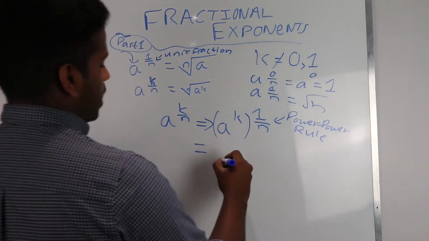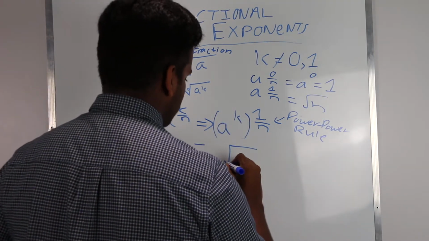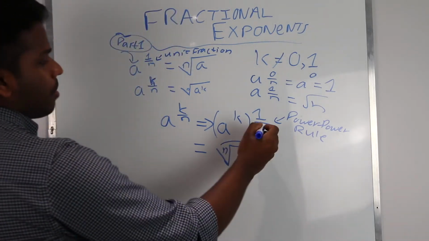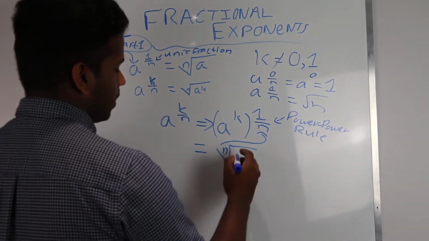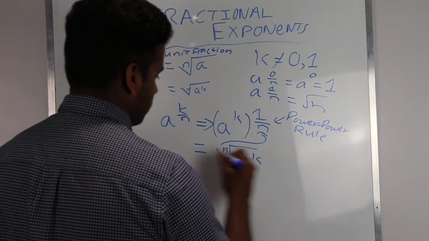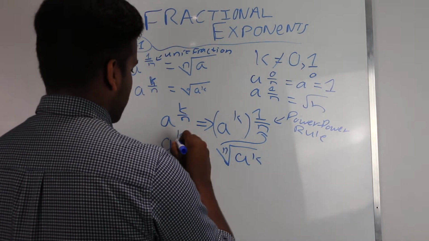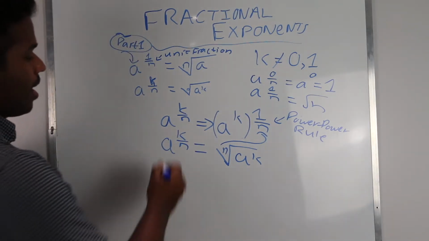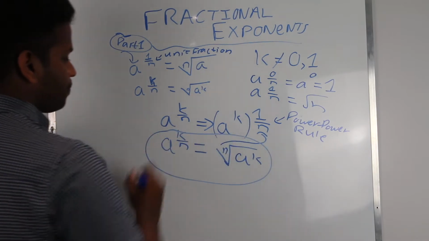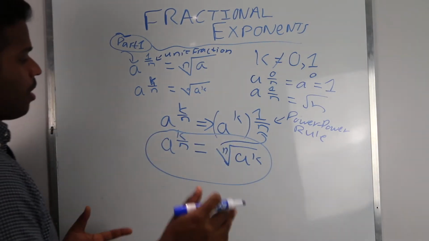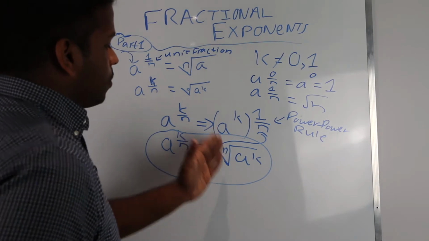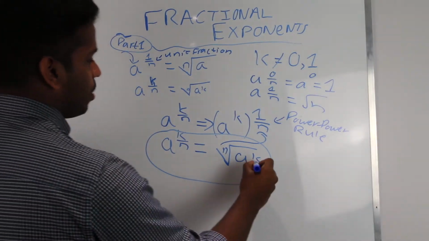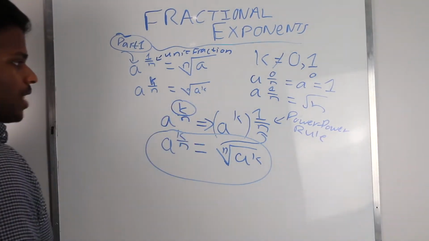When we have a unit fraction, we take the nth root, where n is the denominator of the unit fraction in the exponent. So that is how the rule is derived. For a to the power of k over n, we take the nth root of a raised to the power of the numerator.